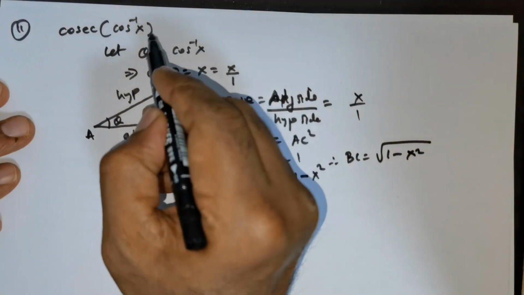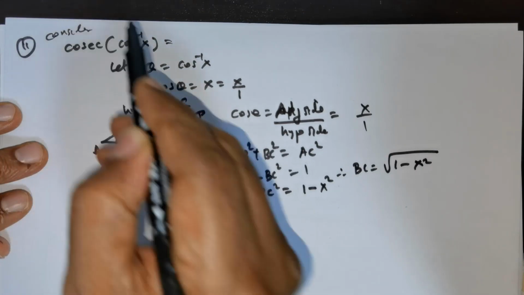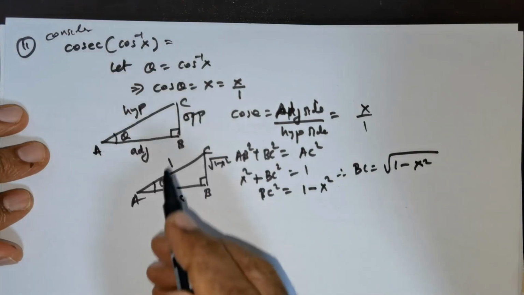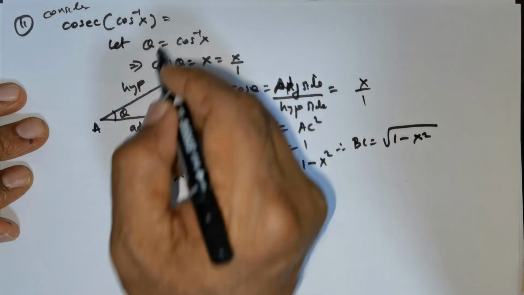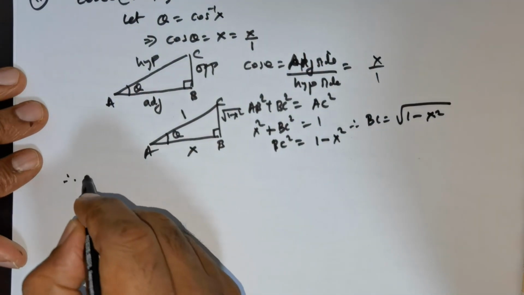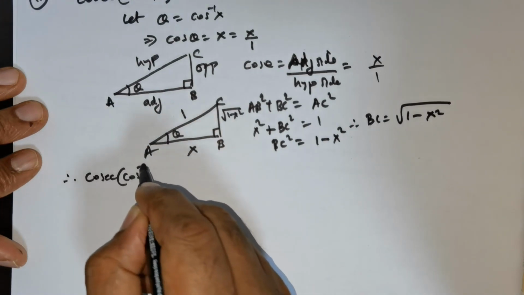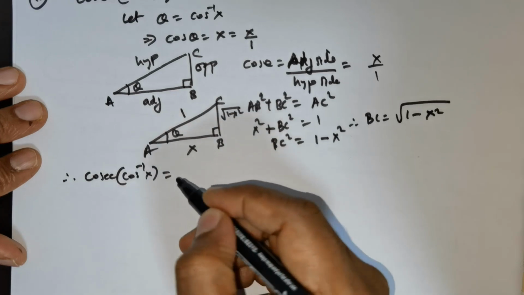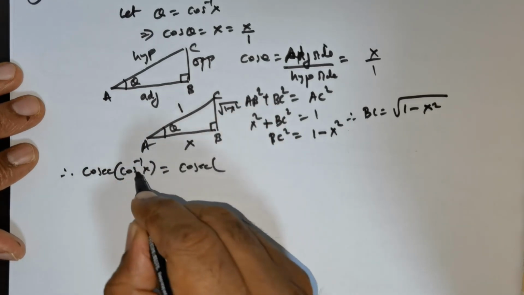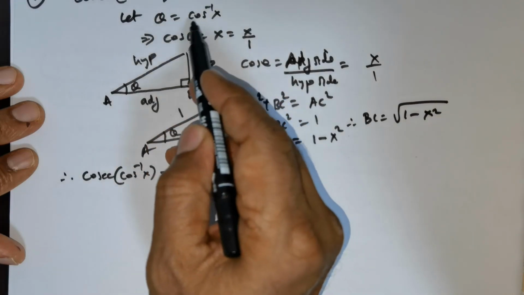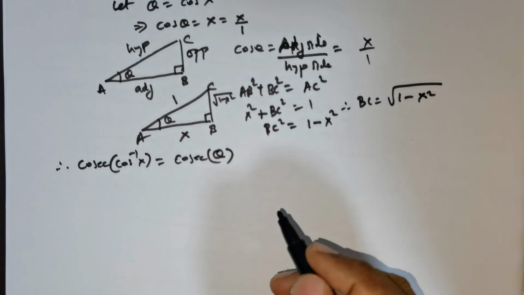Place that value, square root of 1 negative x squared. Okay, so if I were to rewrite this, therefore cosecant of cos inverse of x becomes cosecant of theta, where cos inverse of x is taken as theta.